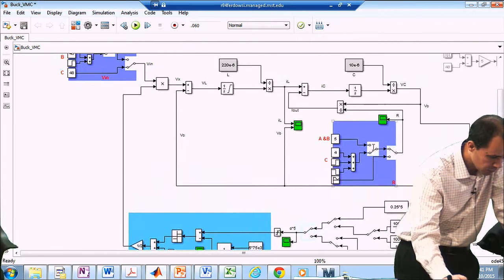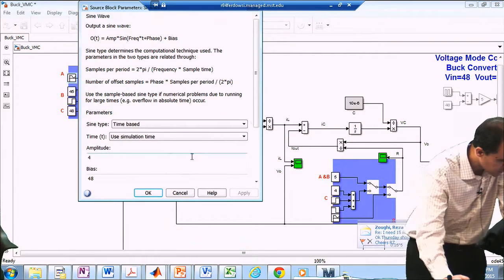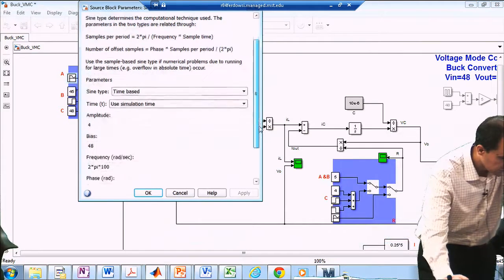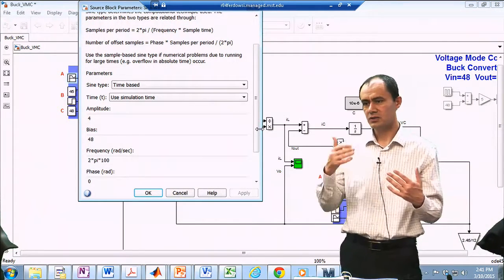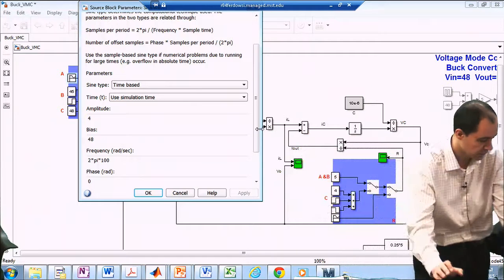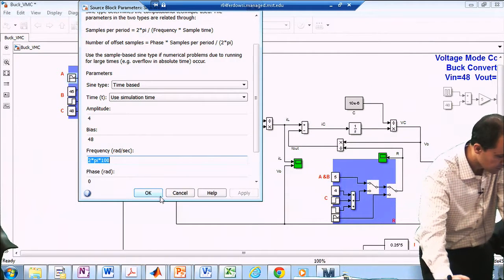Our load is constant at 5 ohms, but our input voltage is having some fluctuations. It has a DC value of 48, but in addition to that, it has a little bit of a ripple of 4 volts peak to peak at 100 hertz.